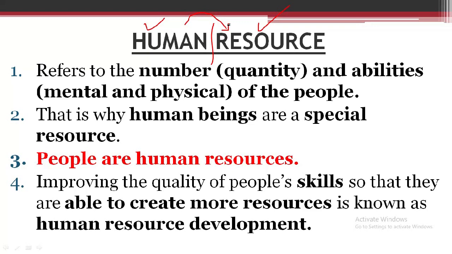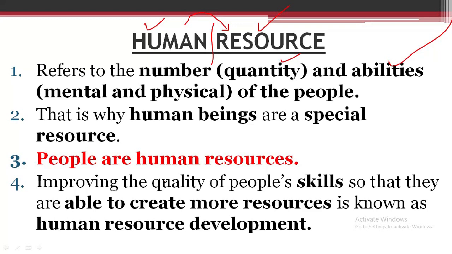It's that very simple and easy. It refers to the number and abilities. It refers to the number, which means quantity, and ability, which means quality, that is mental and physical, of the people. That is why human beings are a special resource. So people here are considered as human resources.